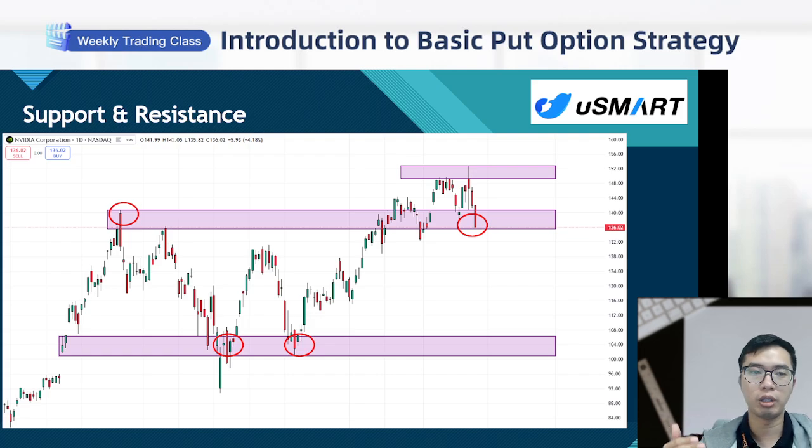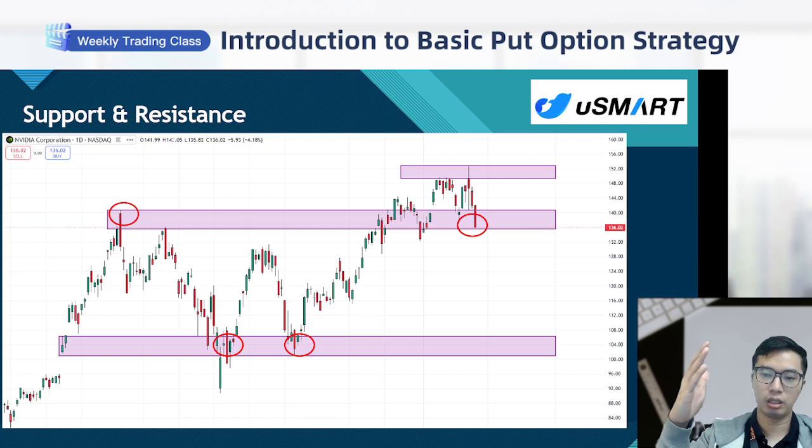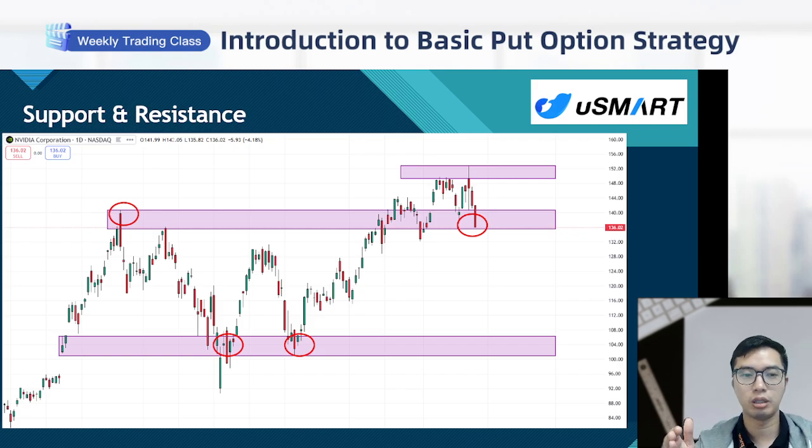We just plot the basic support and resistance, and then we look at whether there are any points where we can make an entry and open put options. So from here, you can see on the right side, the Nasdaq actually broke out from the previous resistance, and now it's currently testing the previous resistance.